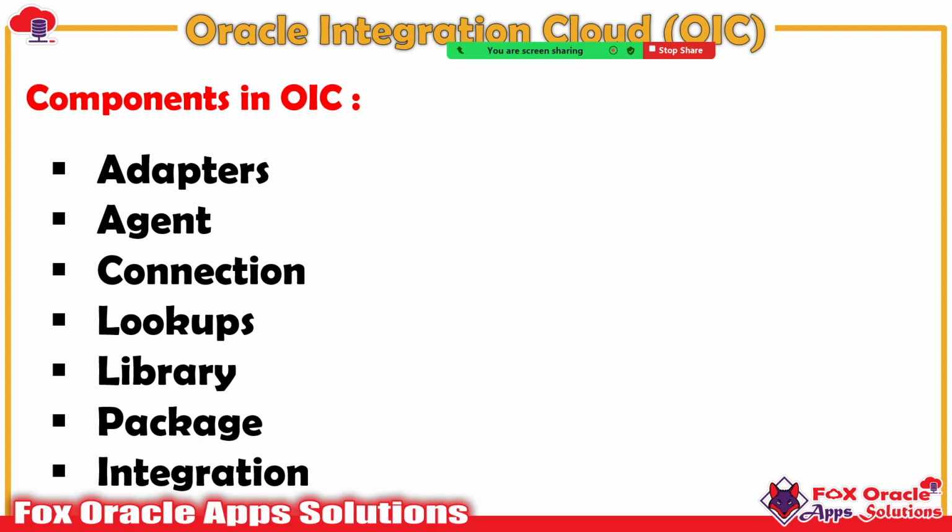The components are adapters, agent, connections, lookups, libraries, the package, and the last component, integration. Integration can also be considered a component, but whenever we create an Oracle integration, that integration will use the rest of the components.